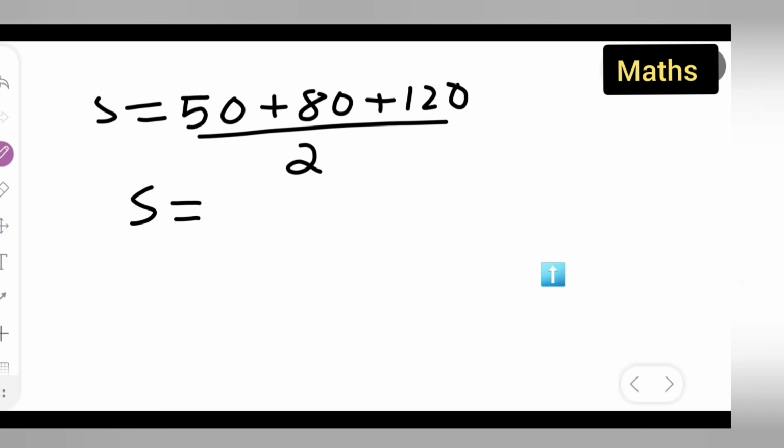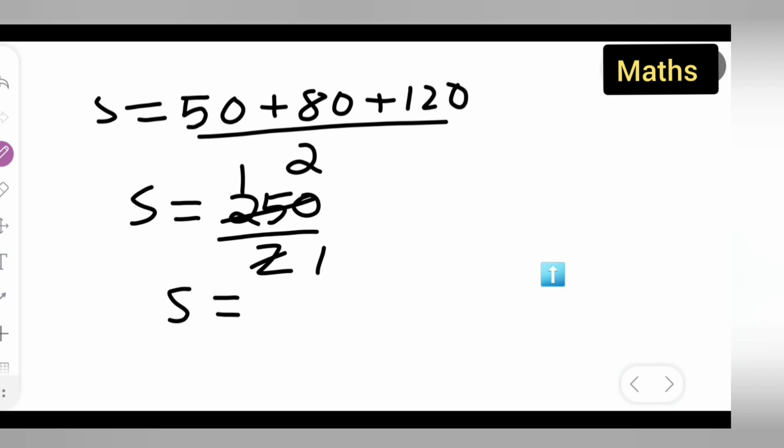So your S is equal to, add this, you will get 250 upon 2. So your S is equal to 2 ones are 2, 2 twos are 4, 2 fives are 10. So your answer is 125. So you got S to be 125 meter.